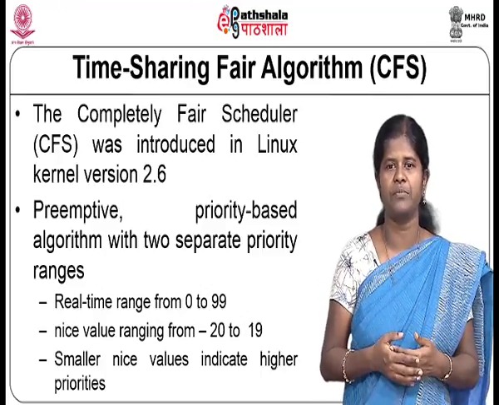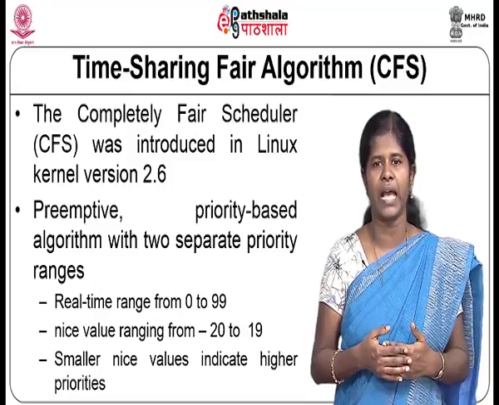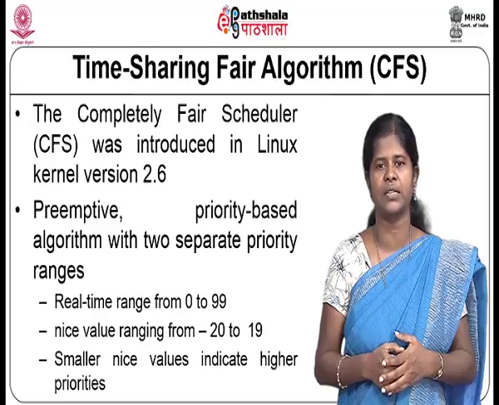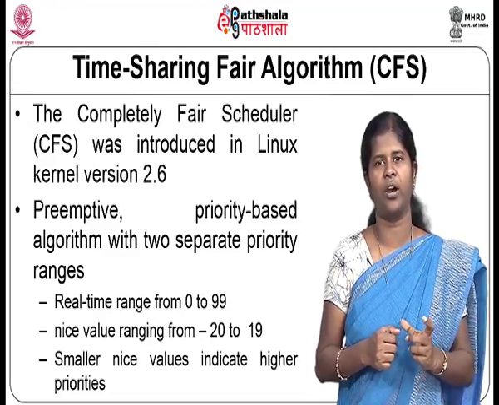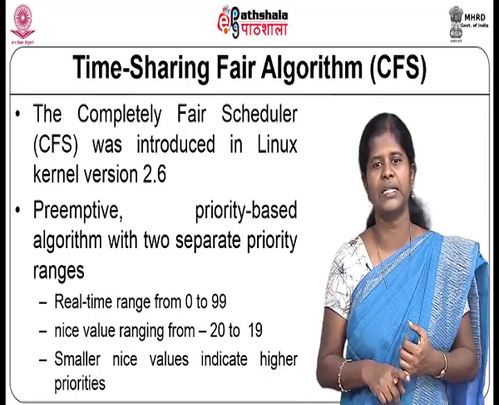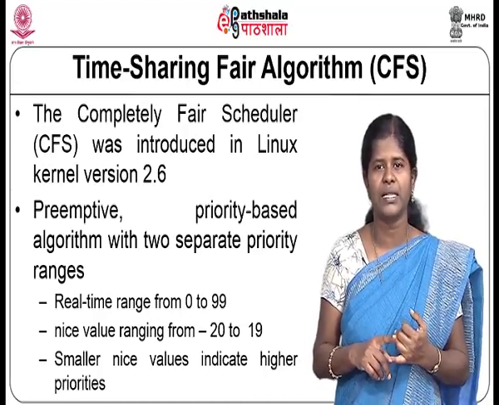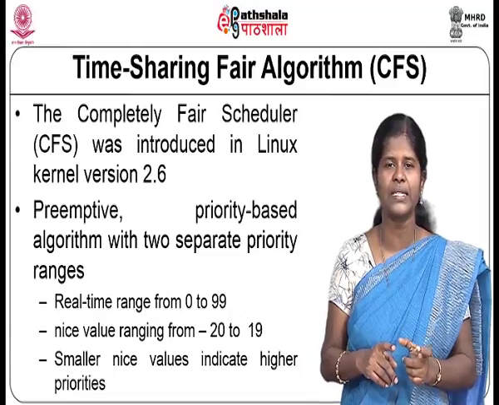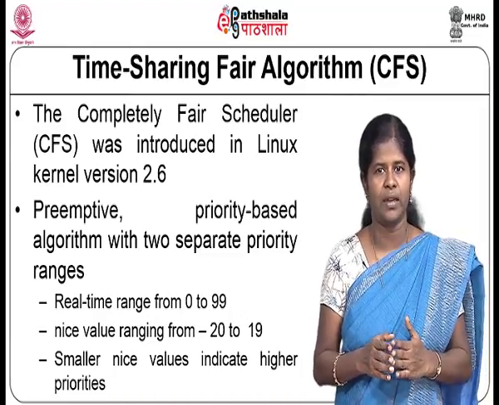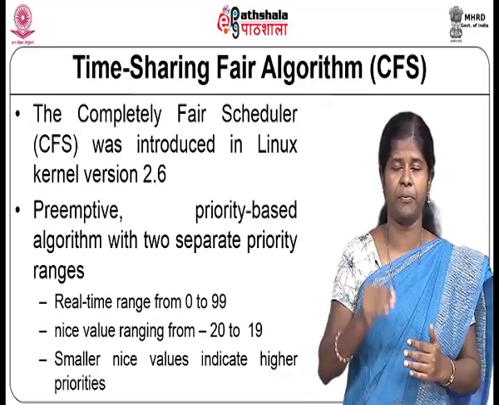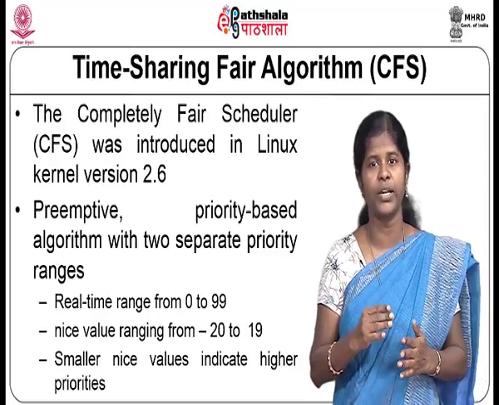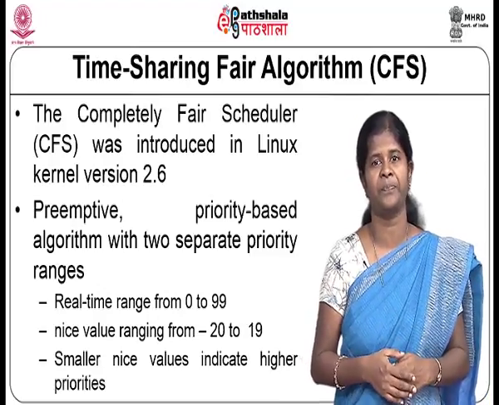This is a preemptive, priority based algorithm and it has two different priority ranges. One is the priority that has been given for a real time process and the other is the value that is assigned based on the nice value of the process. If it is a real time process, then some priority needs to be assigned for that process and the range of the priority will go from 0 to 99.